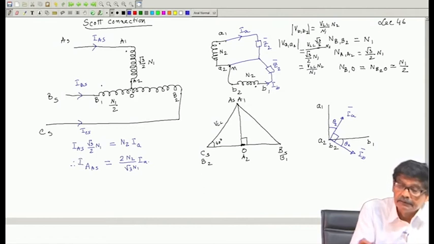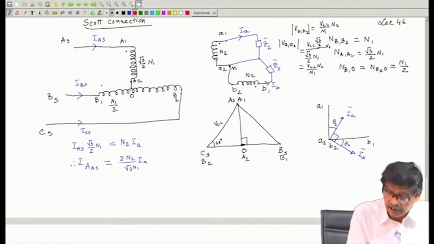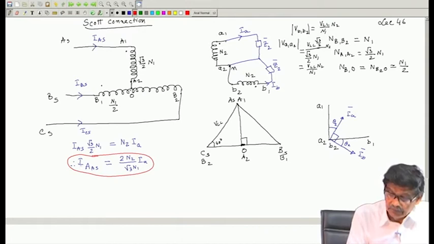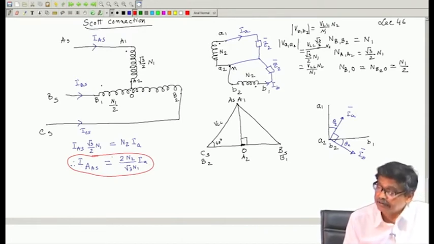So, therefore, I_AS, how to draw? This is I_A. Your I_AS will be in the same phase with I_A, because this is only a scaling factor.